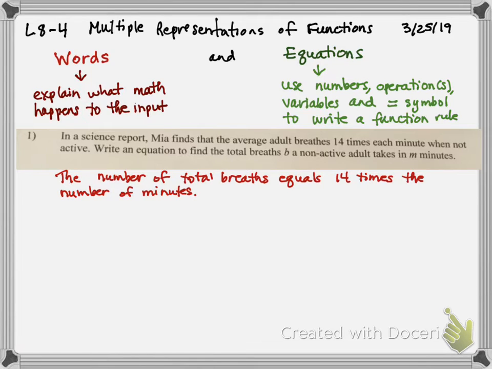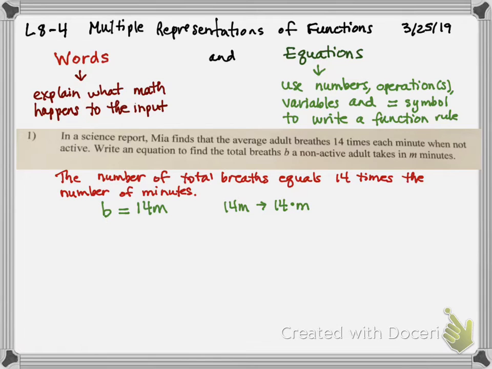So now we're going to use the variables that they shared with us. And it says the number of total breaths is B. So in the equation, we're going to have B. And then it says equals 14 times the number of minutes. So that would be 14M. And remember, 14M means the same thing as 14 times M.